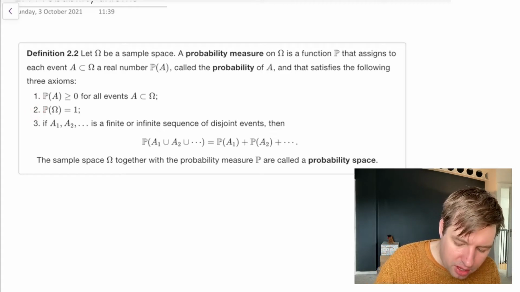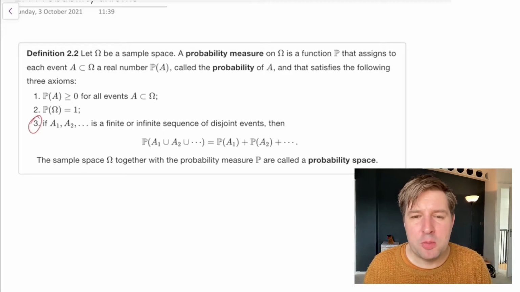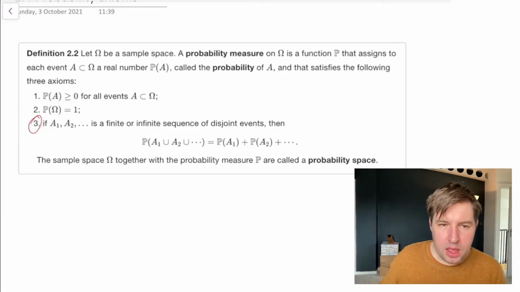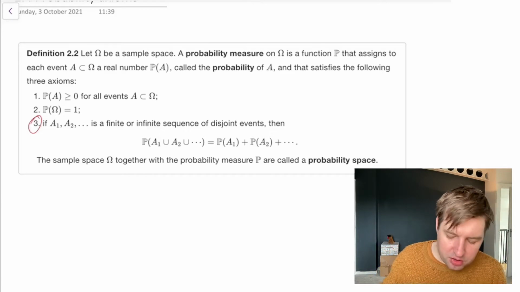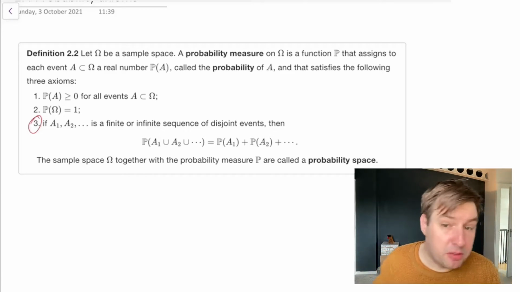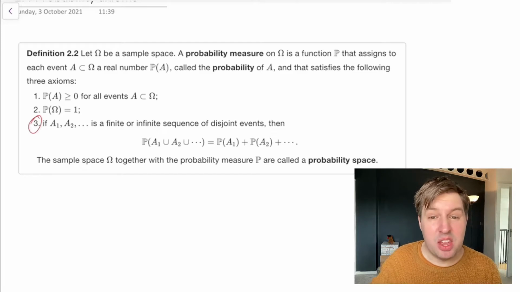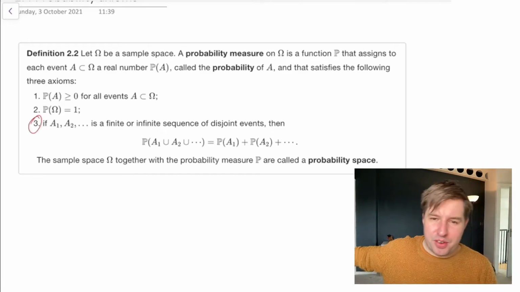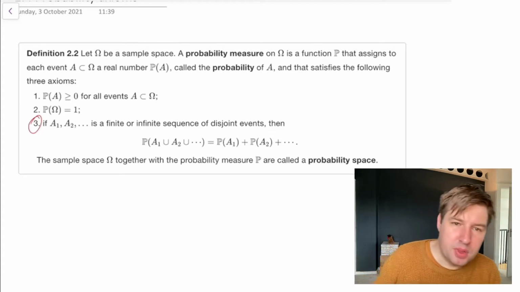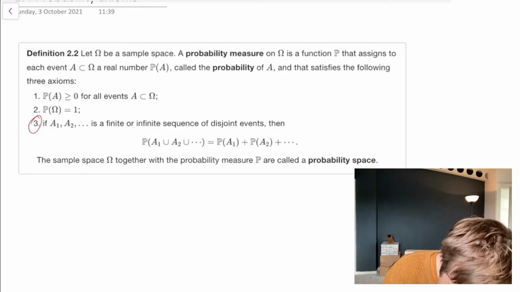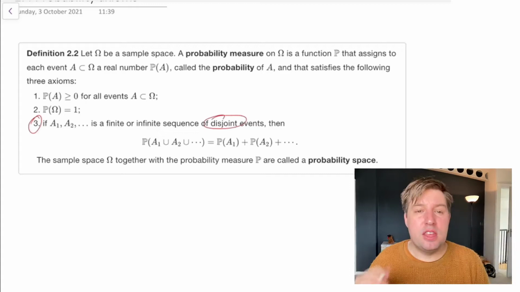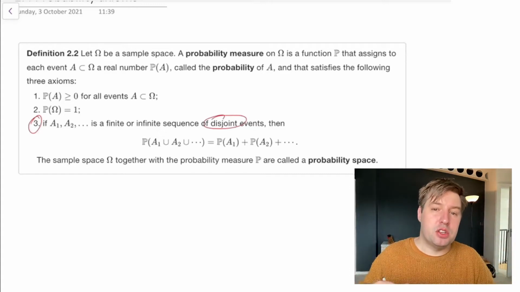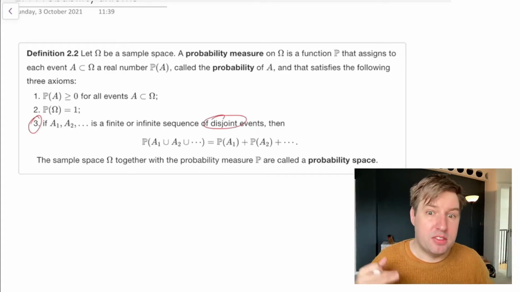That's good. And finally, there's this third axiom, which is the trickiest, but it's perhaps the most important for using later on. So it says, let A1, A2, etc. be a sequence of events that might be a finite sequence, like just A1, A2, A3. Or it might be an infinite sequence, A1, A2, A3, A4, A5, 6, 7, 8, forever. And they're disjoint events. Remember that we said that disjoint meant they had no intersection, which means that these events can't happen at the same time.